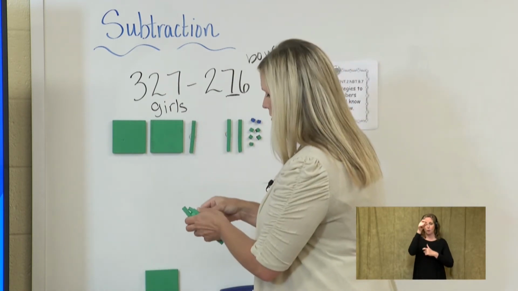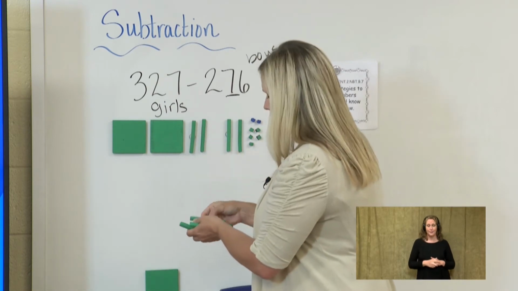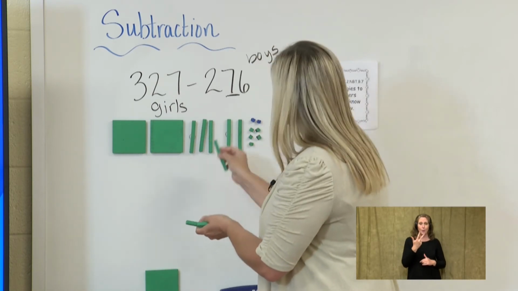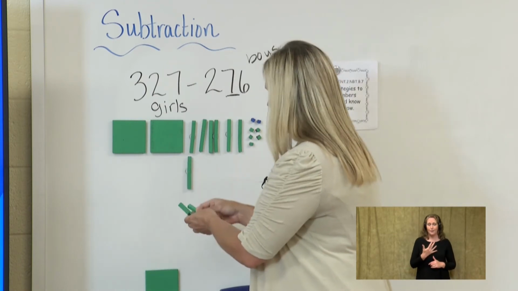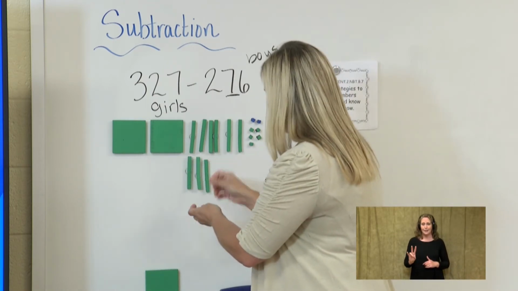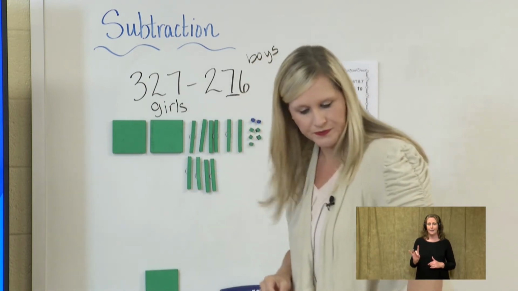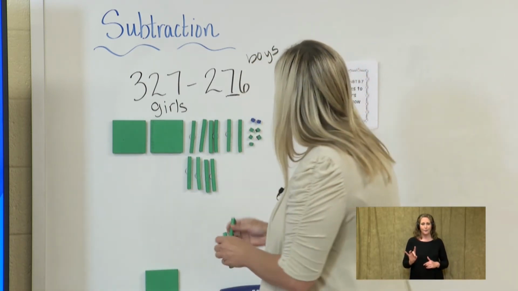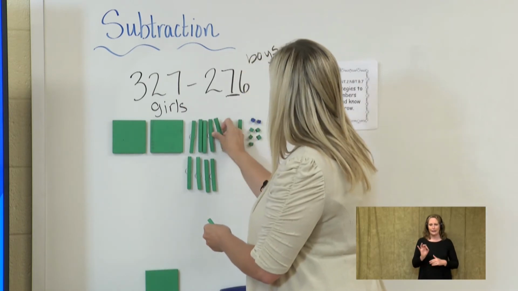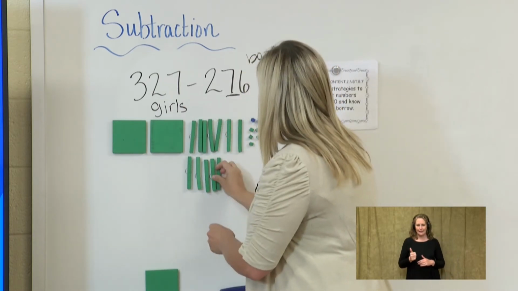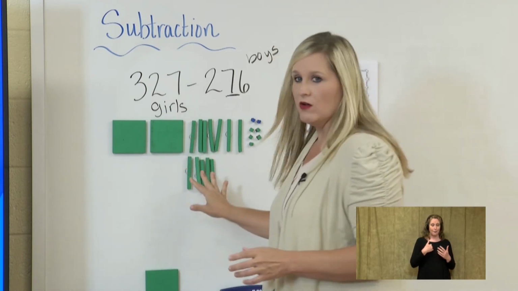So we have 1, 2, 3, 4, 5, 6, 7, 8, 9. Let's put this one up here. 9 and 10.